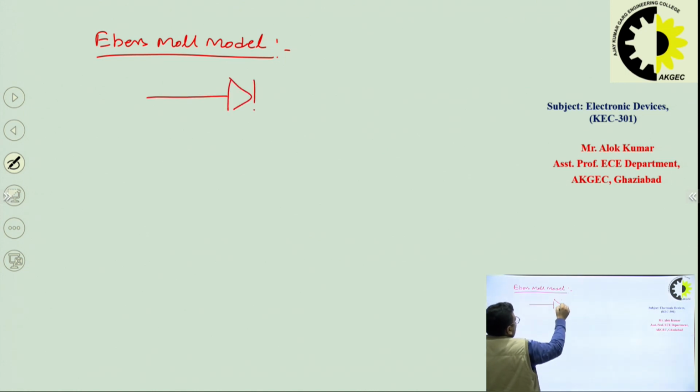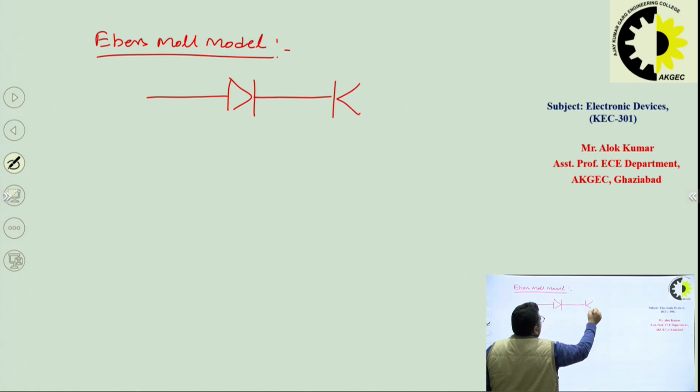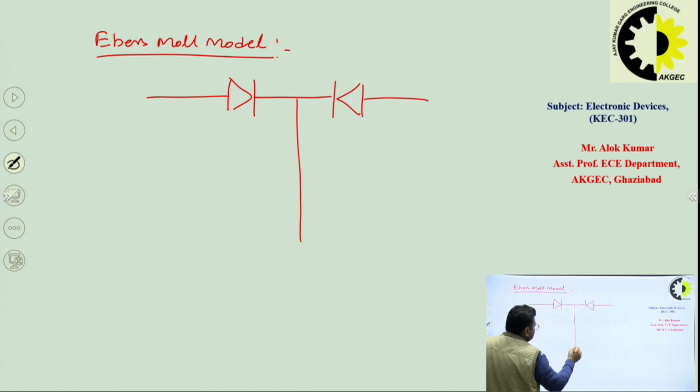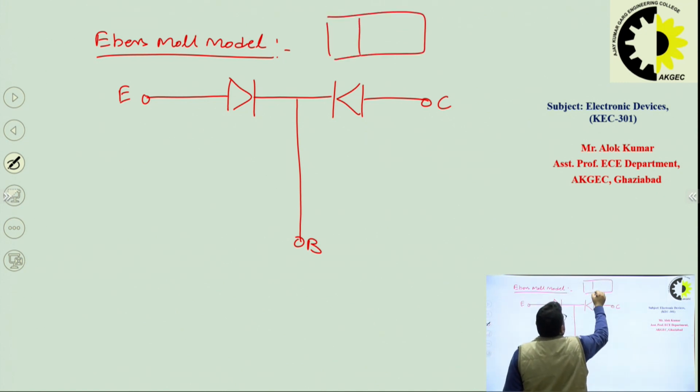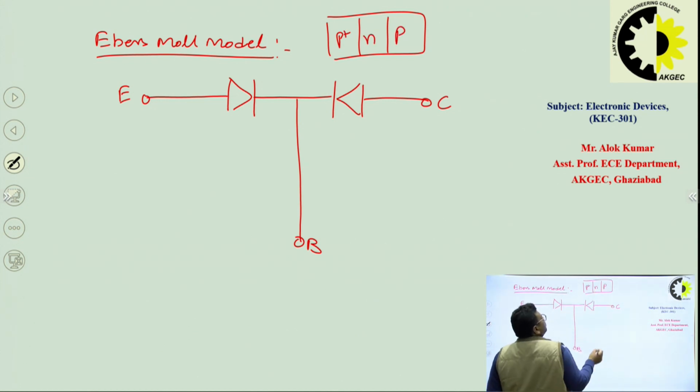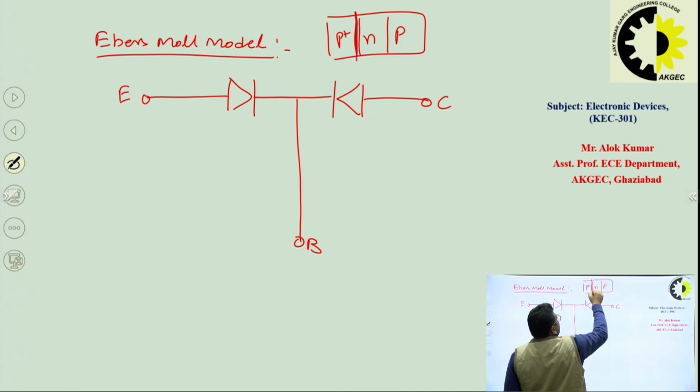If I connect a diode here and a diode here, it should behave like a transistor. In a transistor, we have taken the example of PNP. So this is the P region, this is the N region, and again this is the P region. There is one junction, junction JE, and a second junction, junction JC. So there are two junctions between P, N and P.